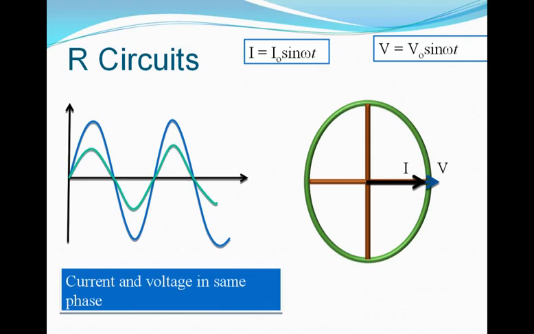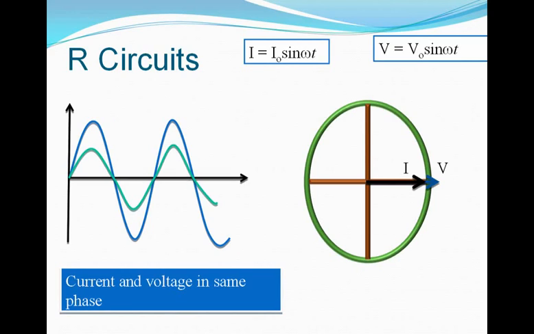These phases of course keep rotating with respect to time, but at time t equal to 0, both the phases are exactly aligned along the x-axis. The current does not lead the voltage, or the voltage does not lead the current, isn't it? Because both of them are in the same phase. There's no omega t plus phi factor.